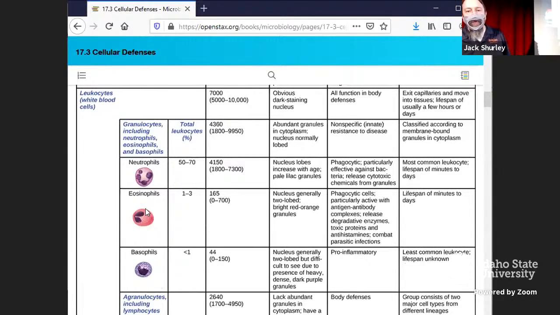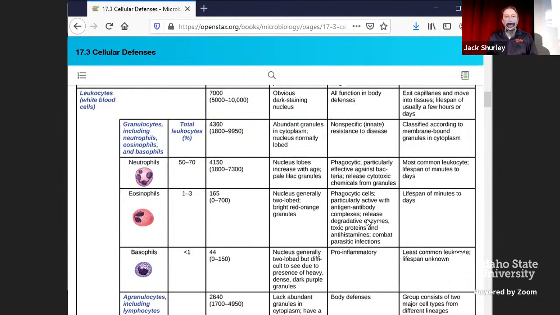Typically double-lobed nuclei and red-orange granules, acidic staining granules. They're also phagocytic, but a lot of times with the eosinophil, it's more extracellular killing.